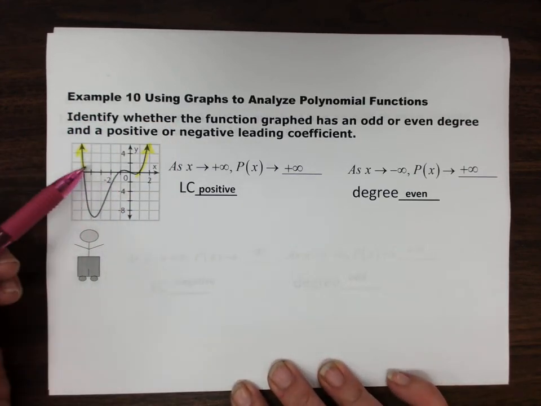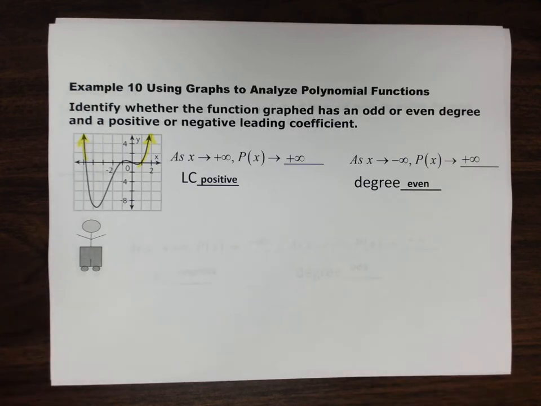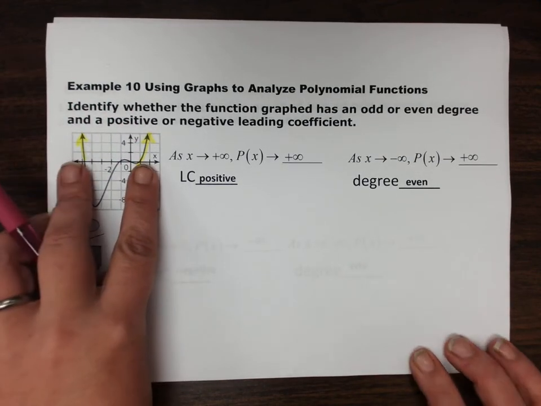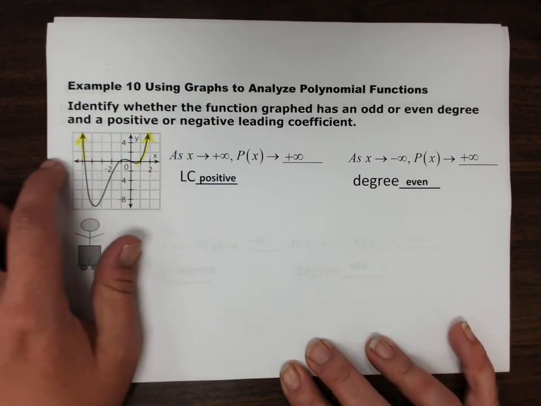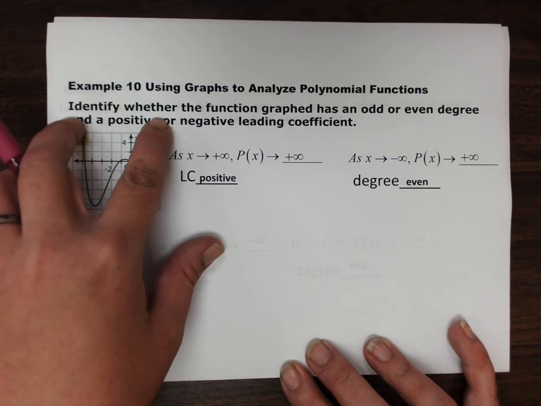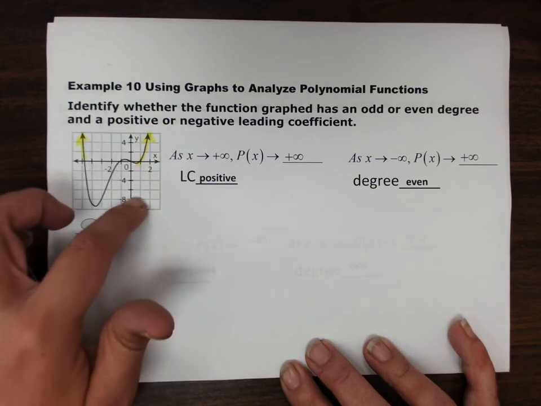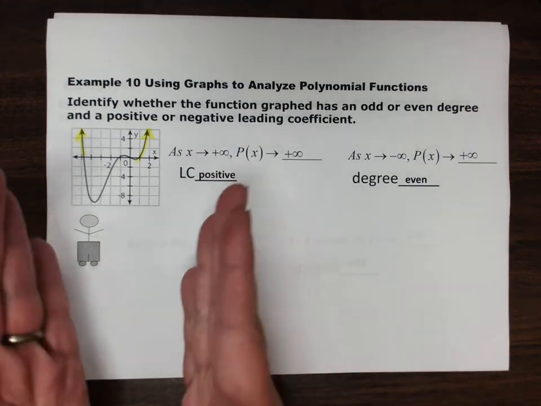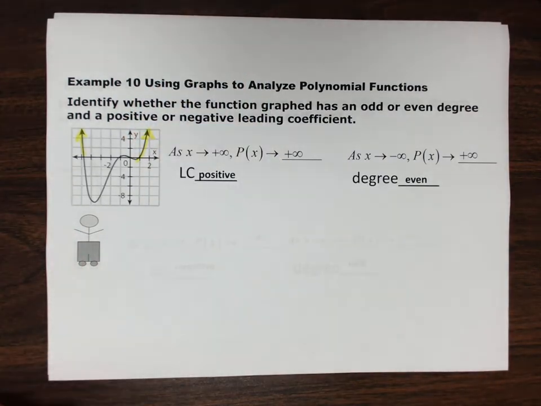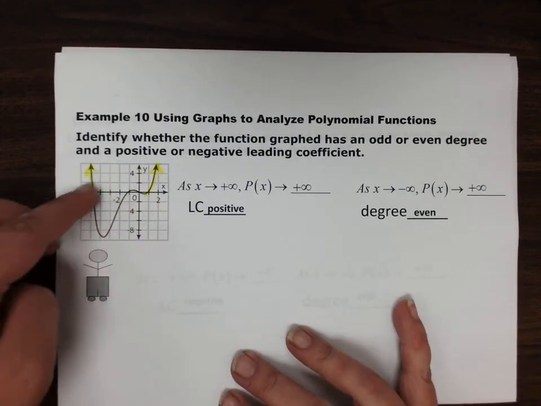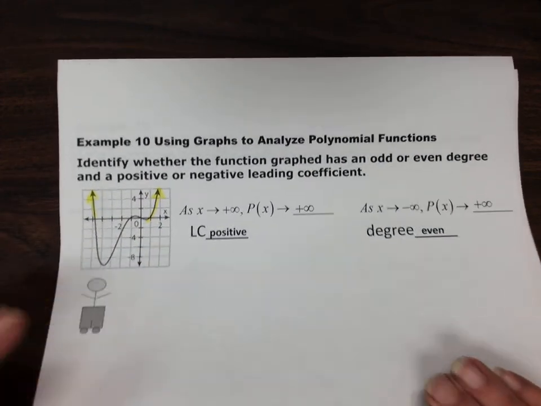And we know that, well, for it to be odd, they have to go in opposite directions. So since we've got the same end behavior going on, right, as we go both to negative and positive infinity, we go towards positive infinity on the function values, or the y-axis, this must be an even function, right? So if they're pointing the same direction, even, and it's up, right, so they're positive. If this graph was flipped over, that would show us a negative.